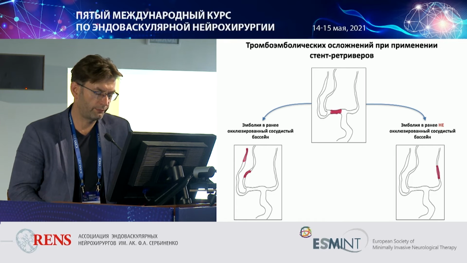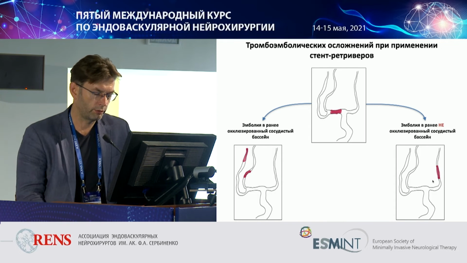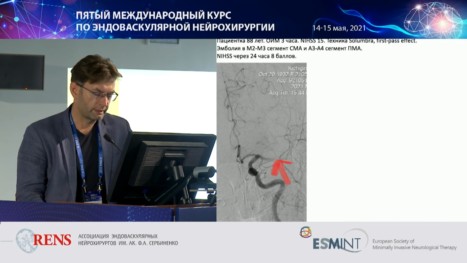Another complication is thromboembolic complications in the use of stent retrievers. All thromboembolic complications of that kind can be divided into thromboembolic complications in early occluded areas, when emboli develop in these core branches, or when emboli occur in non-occluded branches.